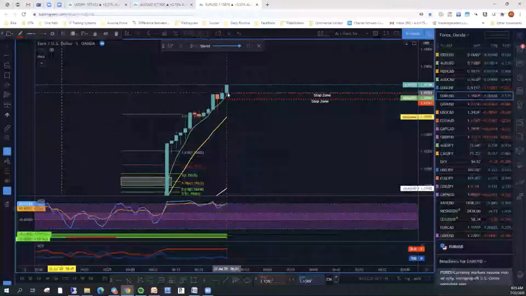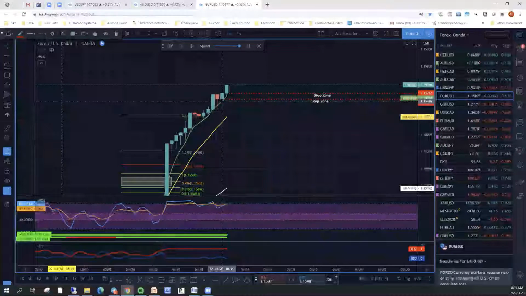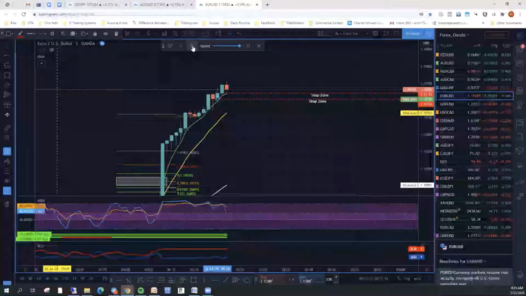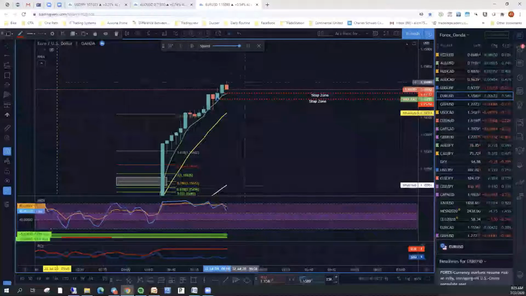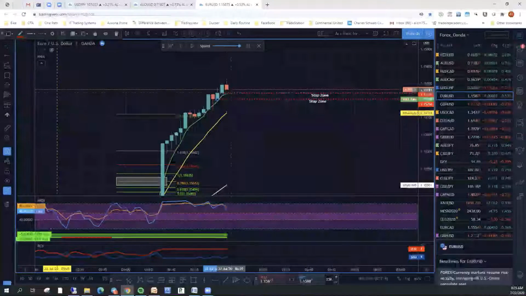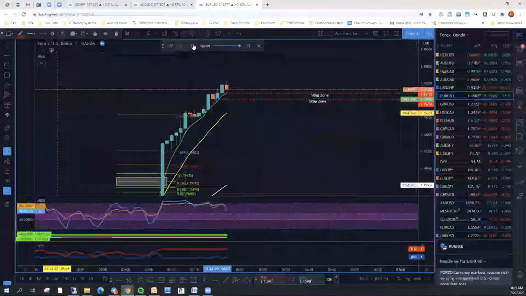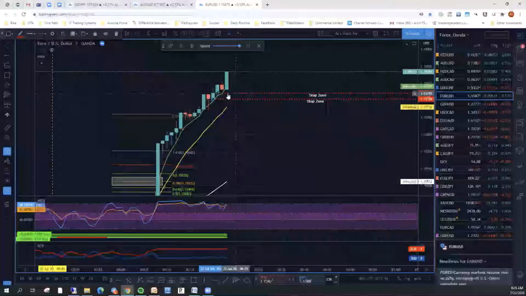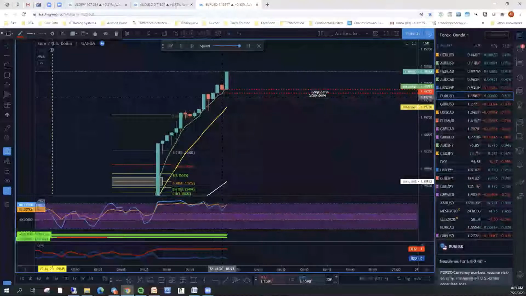I can move it on up to here. Keep moving under these wicks. You have a higher high, you have a higher low, but you don't have a lower low. So they just have to wait and see. That's our neutral candle. There's a higher high, another big push. I can move this one to there.